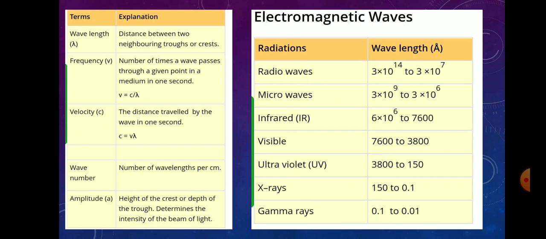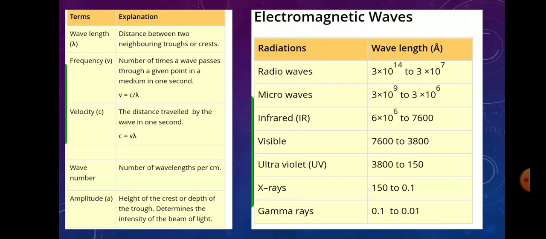Electromagnetic waves, different radiations with their wavelength. Radio waves have the wavelength of 3 into 10 power 14 to 3 into 10 power 7 angstrom. Microwaves with a wavelength 3 into 10 power 9 to 3 into 10 power 6 angstrom. Infrared rays with a wavelength 6 into 10 power 6 to 7600 angstrom.